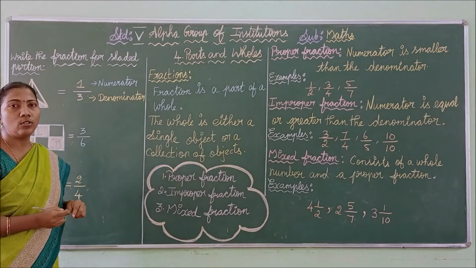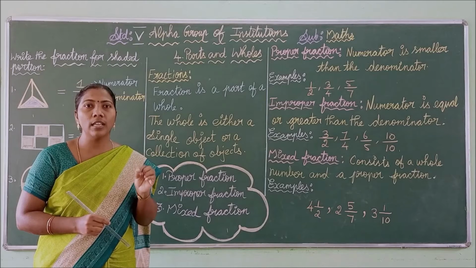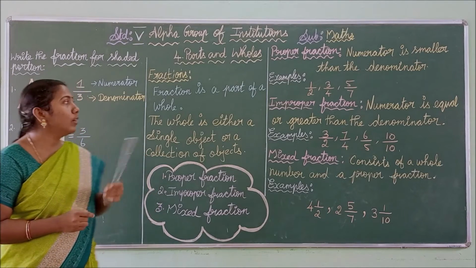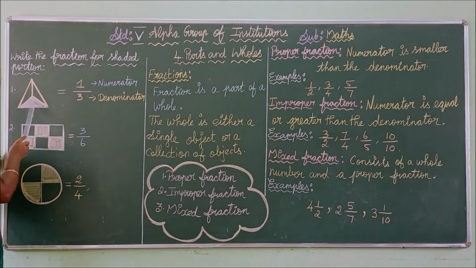What is given in the question? We have to write the fraction for the shaded portion. They have given one shape, and they have divided the shape into some equal parts. What is the shape? Triangle.